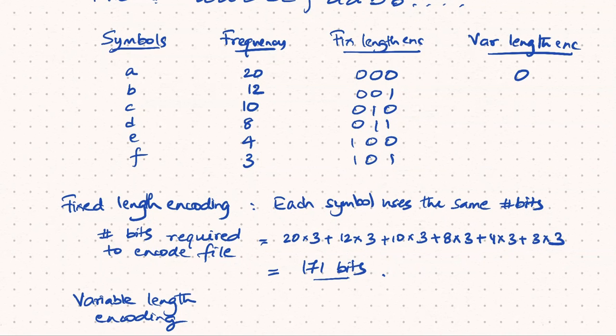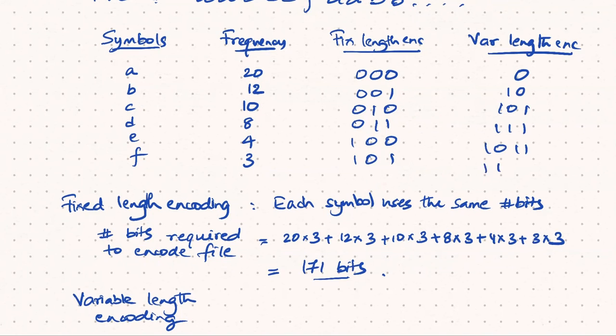And maybe B we will encode 10, C we will encode 101, D we will encode 111. So this is some hypothetical variable length encoding that I'm writing out. But the idea here is that for the symbols which have high frequencies, we use a smaller number of bits.